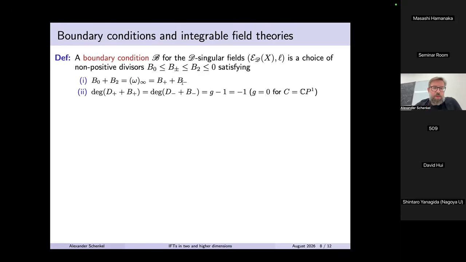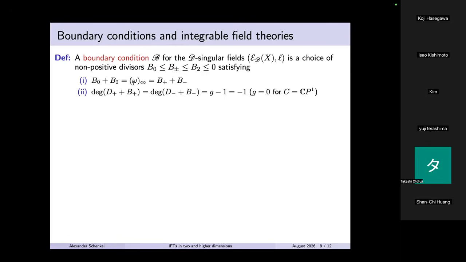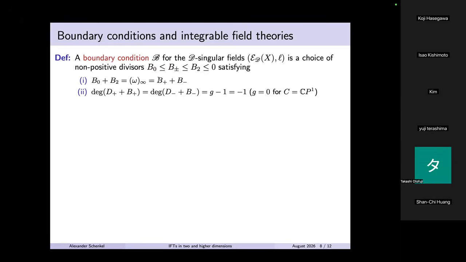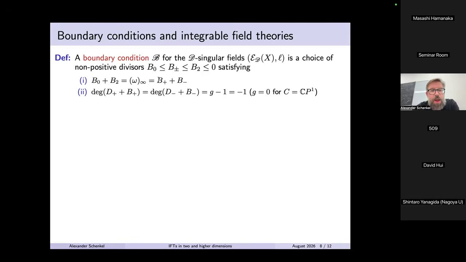So in this sense, these B plus, B minus, B0, B2 are kind of partitions of the divisor, of the full divisor of omega into two parts. So this condition here is at the end needed to get a cyclic structure. I will say a few words about that in a moment.